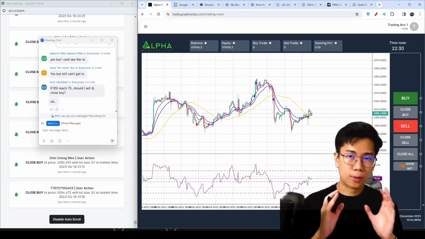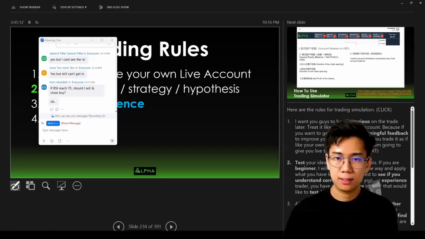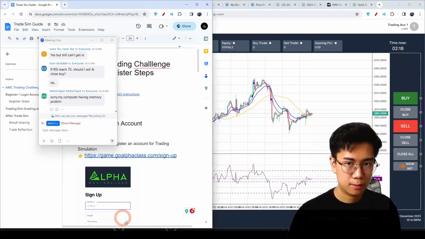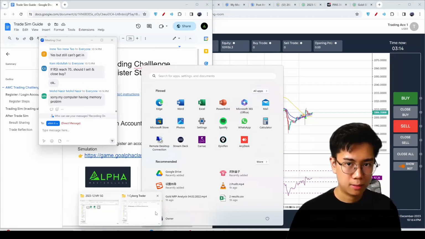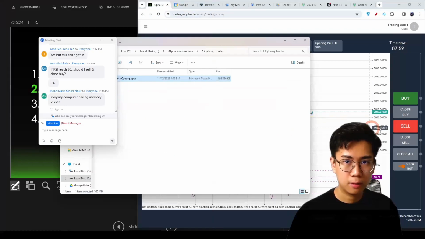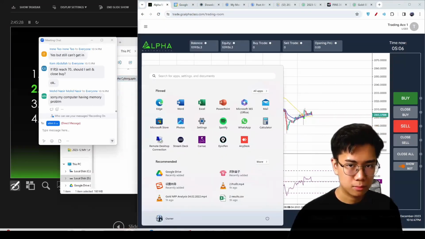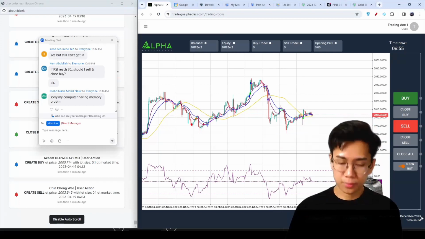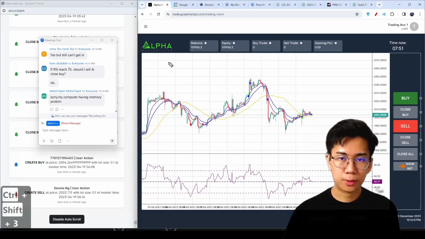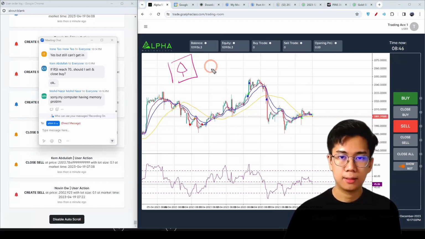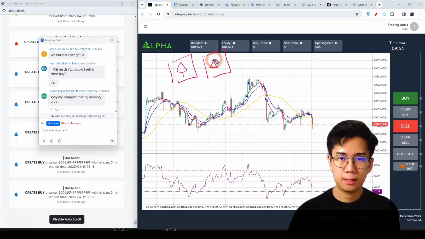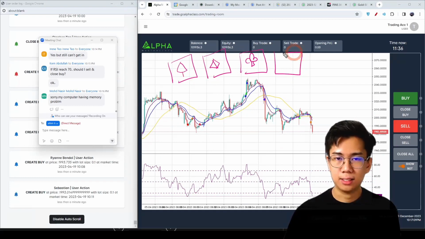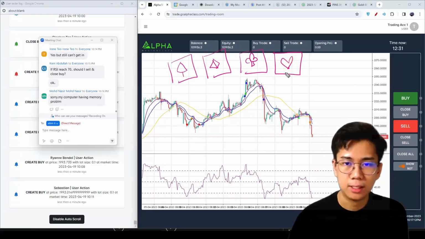For example, you guys know poker cards? There is a spade, a diamond, a club, and a heart.